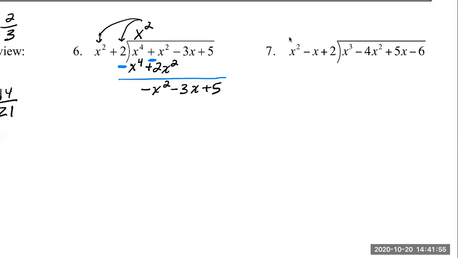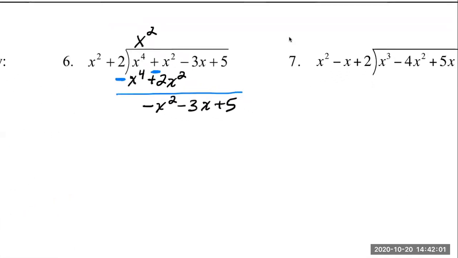Now we do that process again. Doing that process, we want something here that multiplies to x squared to give us negative x squared. So the number we need there is a negative 1. Negative 1 times x squared is negative x squared.